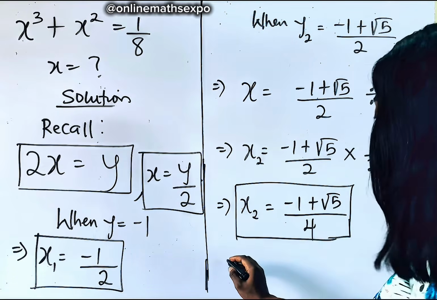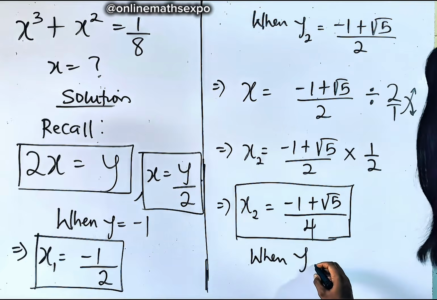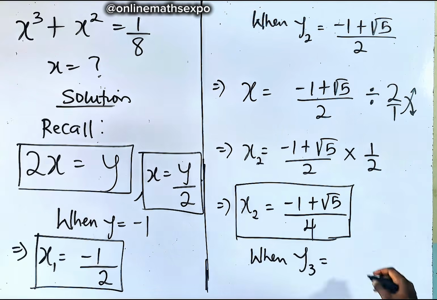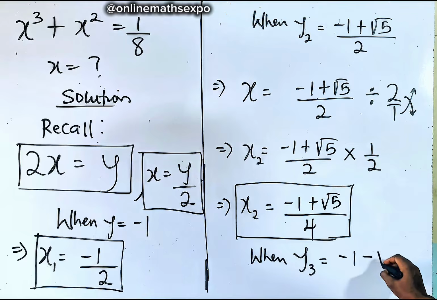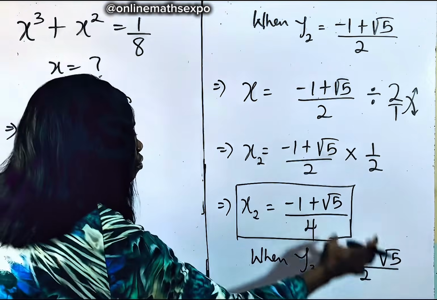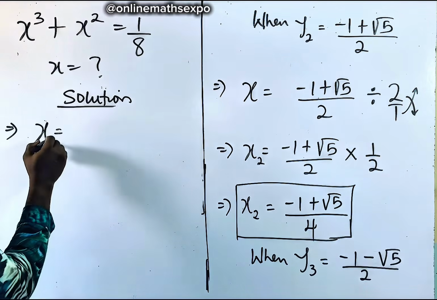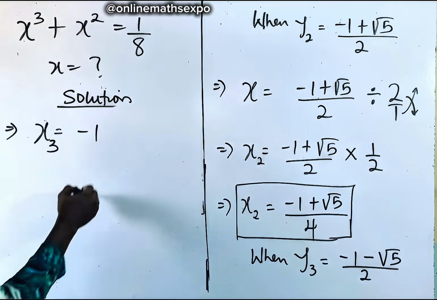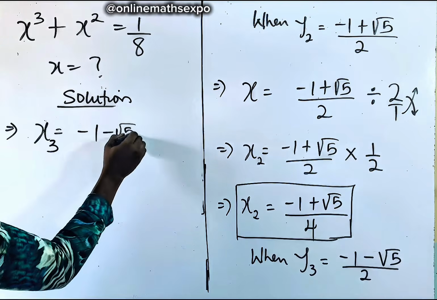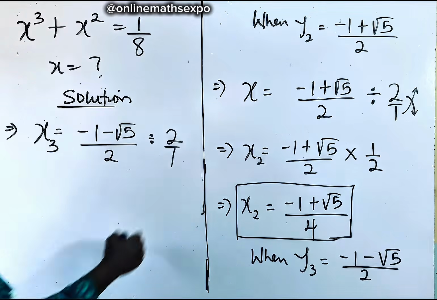We can also do this when the third value of y is negative 1 minus root 5 over 2. Let's get the value of x. So we now have x is equal to the same thing, the difference is just the sign. So our third value of x is negative 1 minus root 5 over 2 divided by 2 over 1.